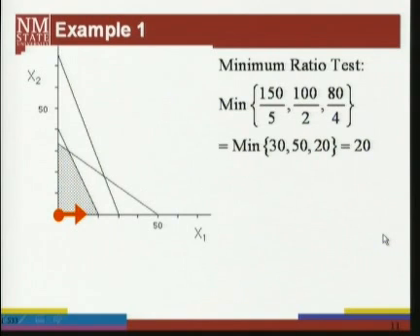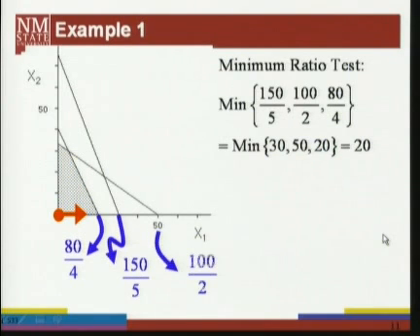So the value of x1 will be increased, which means that we choose to move along the edge that leads up the x1 axis. And the minimum ratio test tells us that we must stop at the first new constraint boundary, right? So if you move further, you will leave the feasible region.